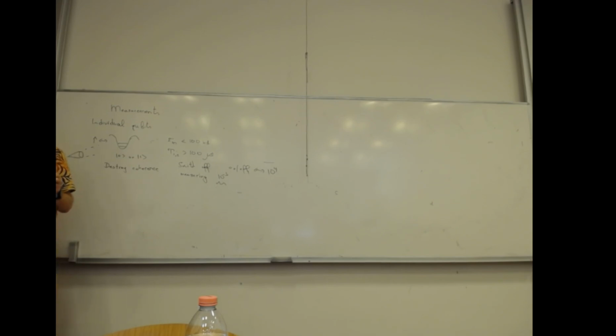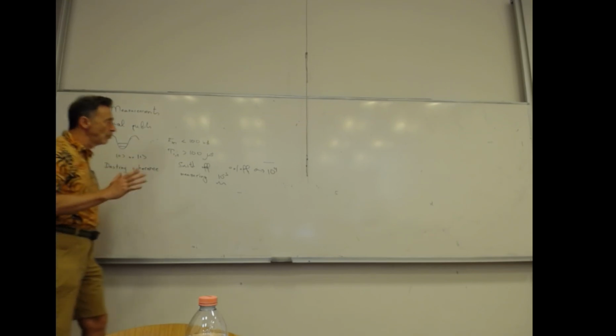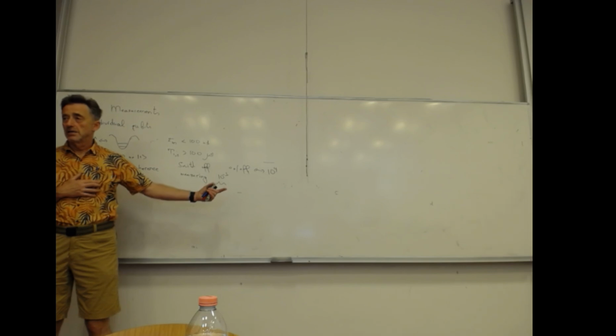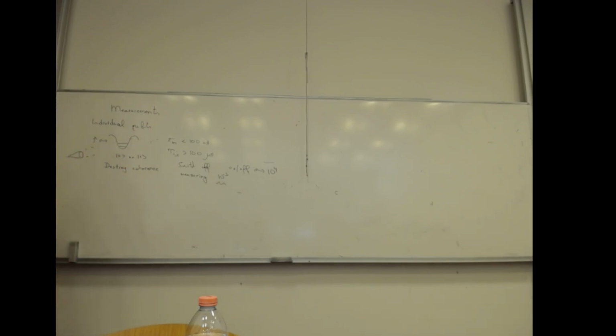We do not want even to peek at our system. Let me reformulate: measurement means a coupling to some external device, and you want this coupling to be very small. Right. So I have to be able to switch off this coupling to the environment with enormous accuracy. Even a tiny bit is very bad, and that's the main problem.